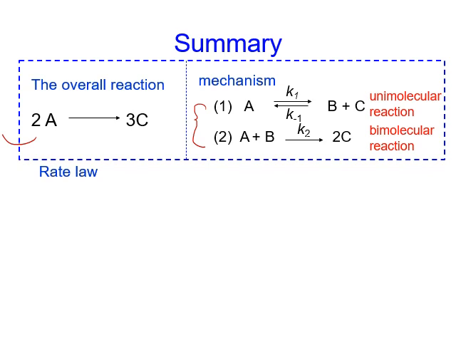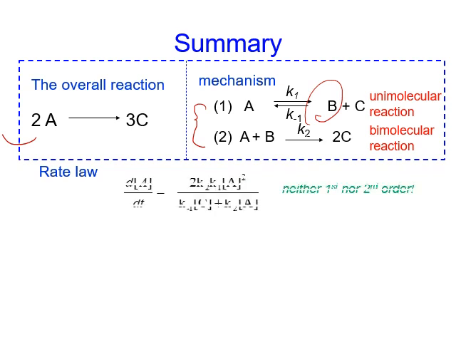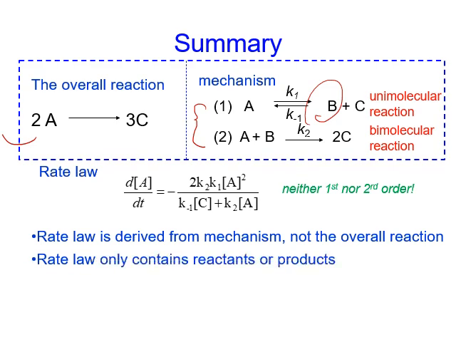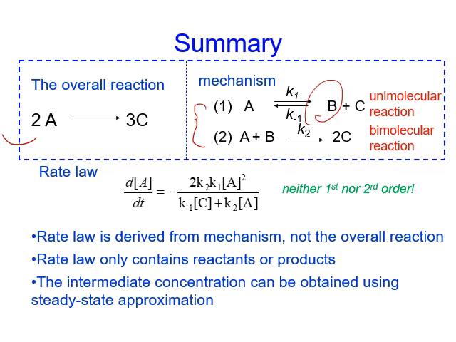Using the mechanism, we can derive the rate law using either reactants or product. Now, if the equation involves an intermediate, then we need to use the steady state approximation to find the concentration, and this is the final rate law. So the rate law is derived from the mechanism, not the overall reaction, the rate law only contains reactants or product, and the intermediate concentration can be obtained using the steady state approximation.